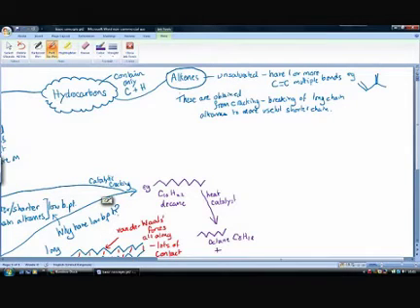Before we go on to the reactions of alkenes, we'll have a look at the bond angles and shapes that result from alkenes. This is propene, so it contains one C=C double bond and one C-C single bond.